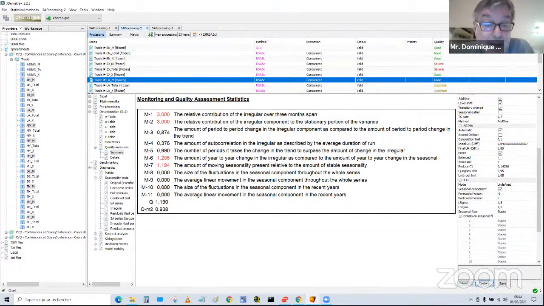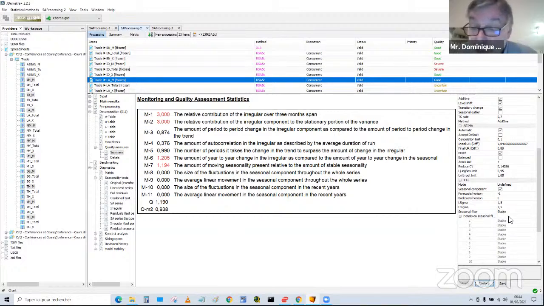Okay, it's stable, so M8 to M11 are equal to 0 because it doesn't move. So I cannot compute the size of the fluctuation. It's not moving, okay? So it's much better. But it does not improve a lot of things.